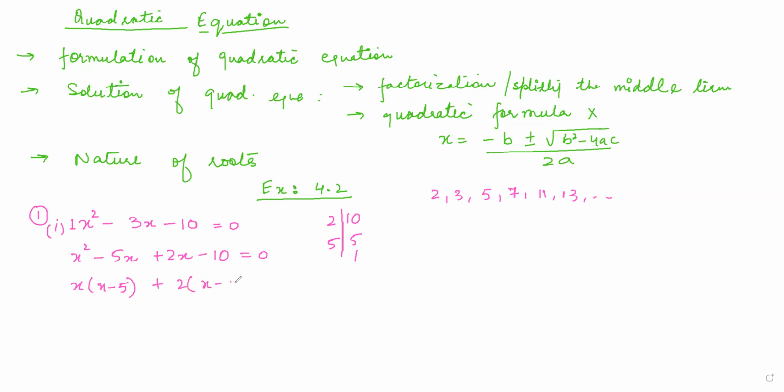Then you have x minus again 5, right? Is equal to 0. Then you take x minus 5 common, the whole bracket. Then you have x plus 2, which is equal to 0. So this quadratic equation has been reduced into 2 factors. That is why it is called the factorization method, right? Factorization method, because now you have 2 factors.